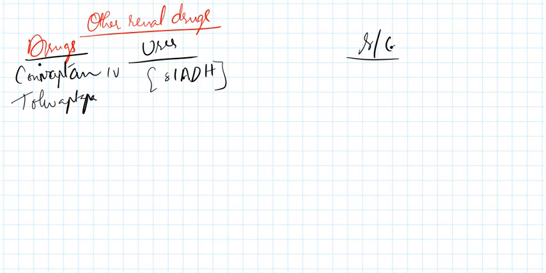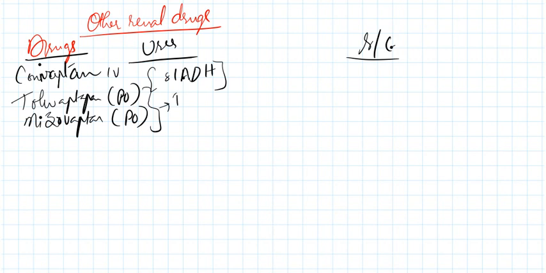Tolvaptan is a peroral drug. Mozavaptan is also a peroral drug. Now, what are these drugs given for? These are given for emergency. But conivaptan is an IV drug.